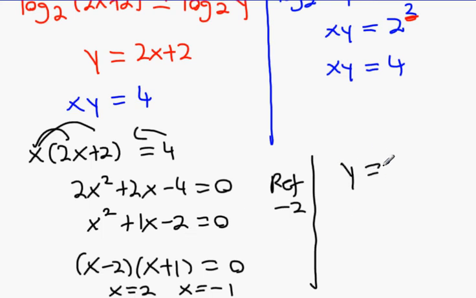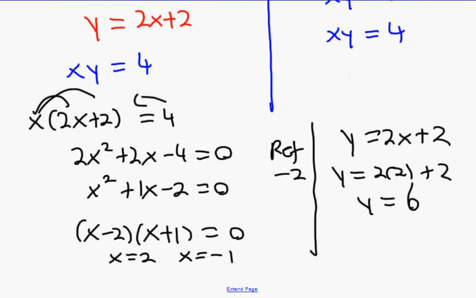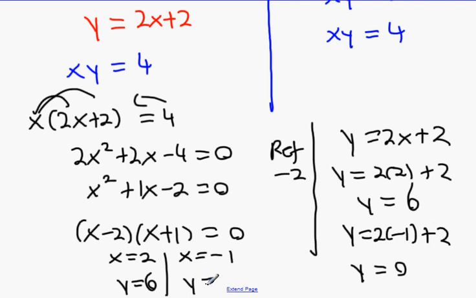So what we get is y equals 2x plus 2. Y therefore equals 2 times 2 plus 2. Y equals 6. So when x equals 2, y equals 6. And when x equals minus 1, y equals 0.